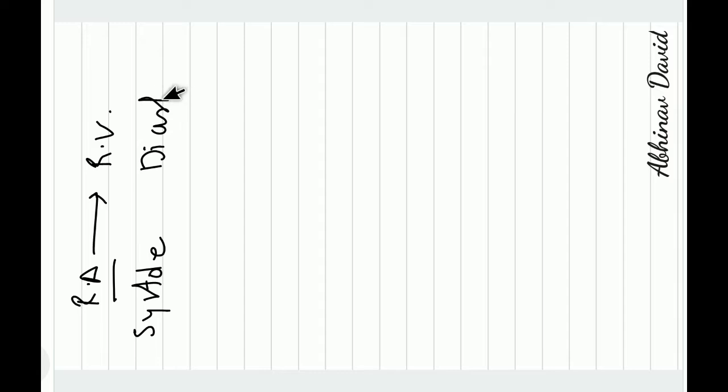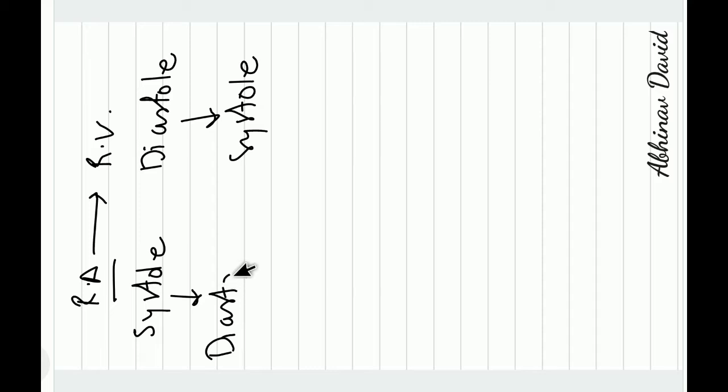The right ventricle is in diastole, meaning it is relaxing. Then diastole changes into systole and systole changes into diastole, meaning the right auricle will relax and the right ventricle will contract.